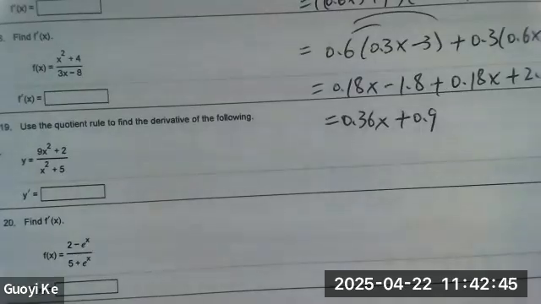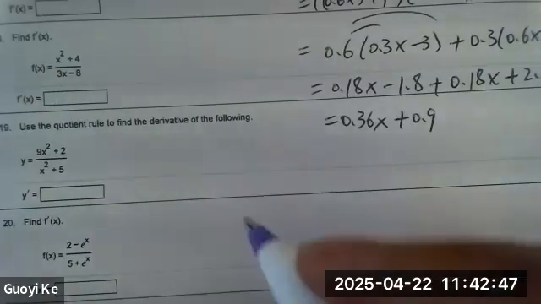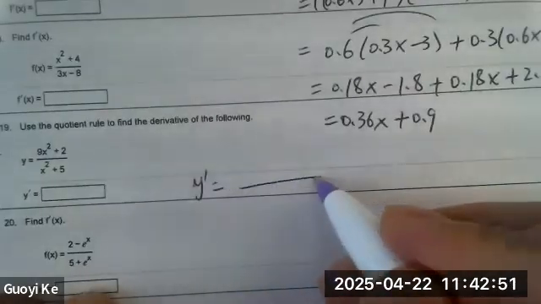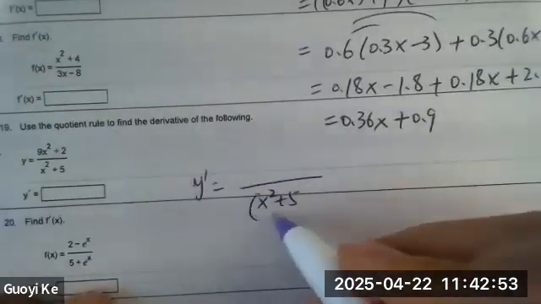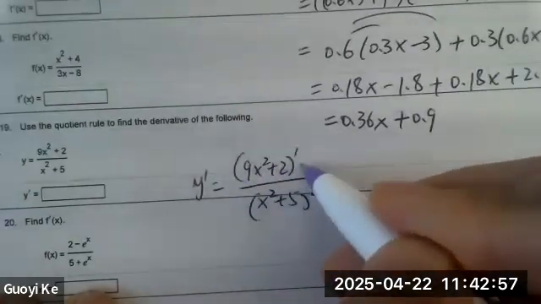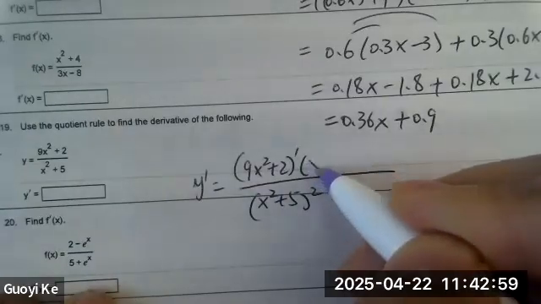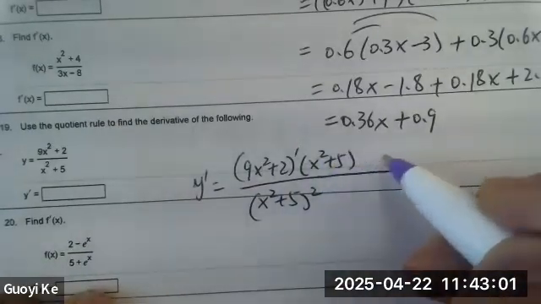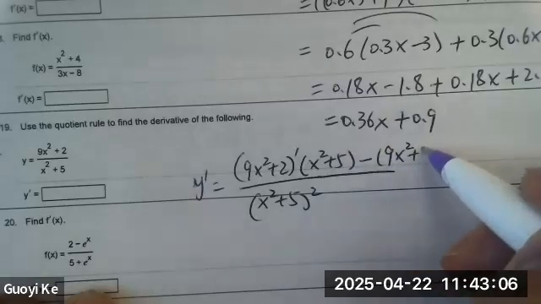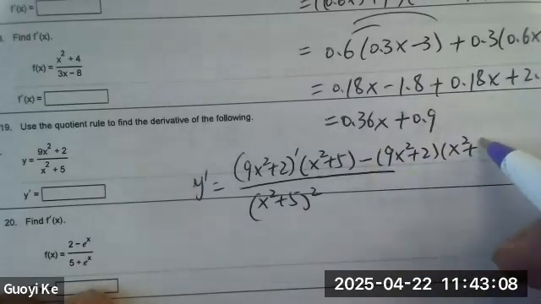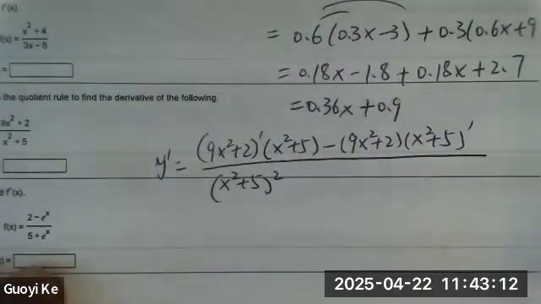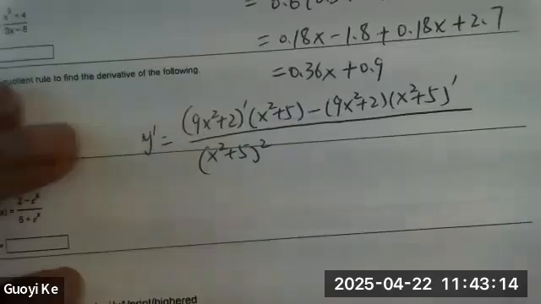Problem 19 is about the quotient rule. So we can follow the quotient rule: derivative of first function times the second function, subtract the first function times the derivative of the second. That's the quotient rule. Now we're going to do the derivative for each term.